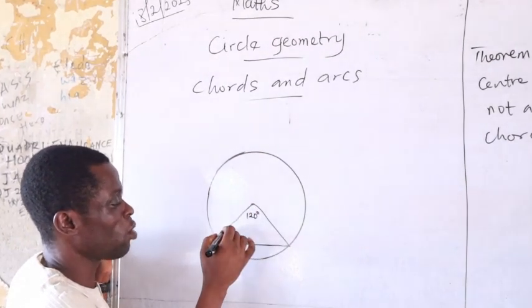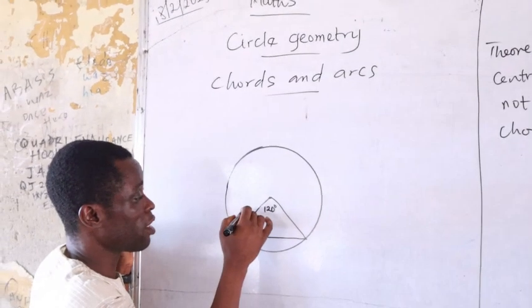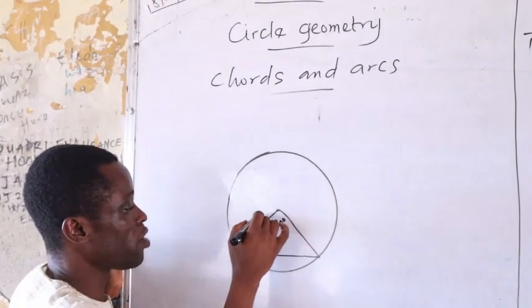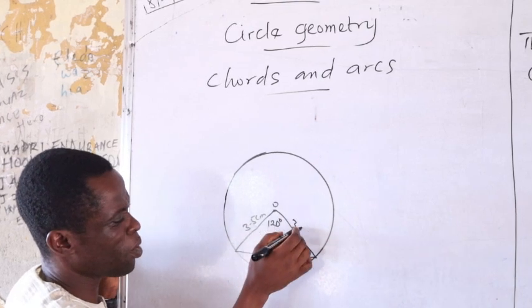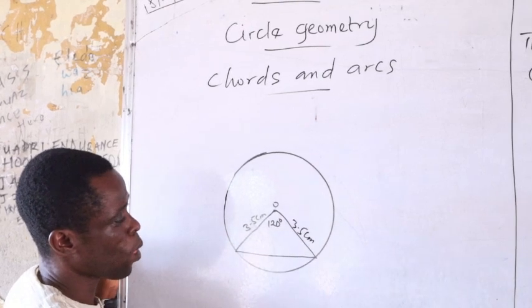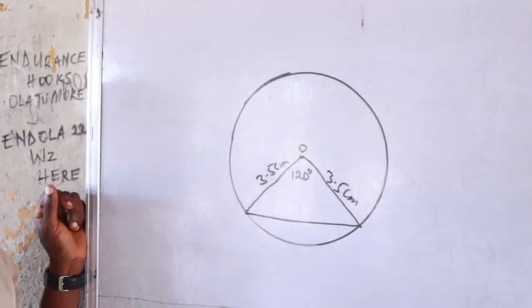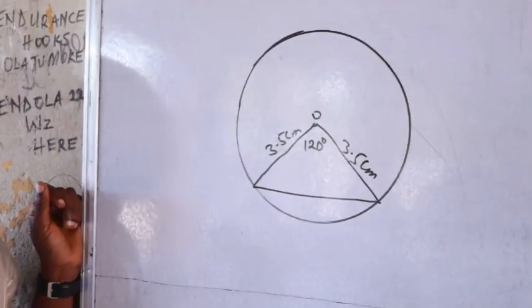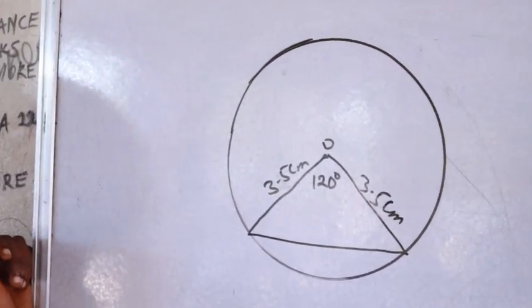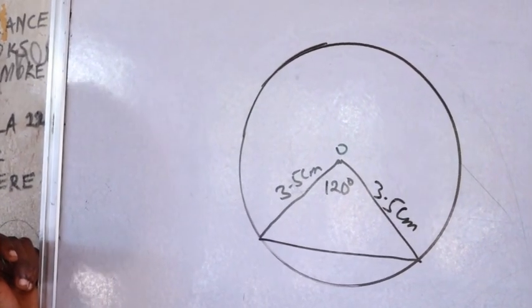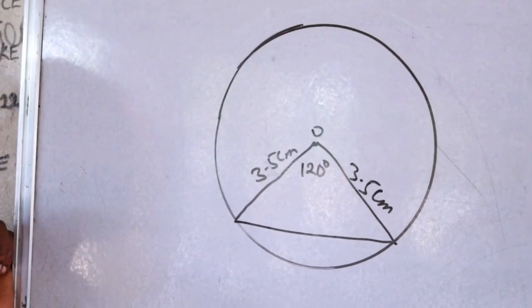Do we have radius in the question? Yes. What is that? 3.5 centimeter. You can put O here. As this one is 3.5 centimeter here too. So we are looking for this length of chord. You know, there is formula for that length of chord. I gave you that formula under longitude and latitude. And what is the formula? 2r sine theta over 2. You can use it.